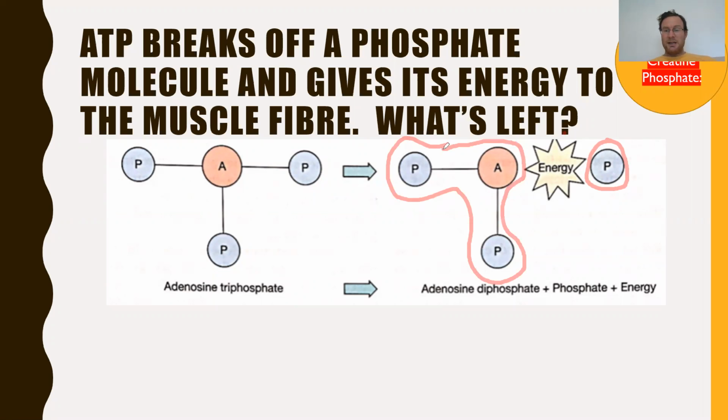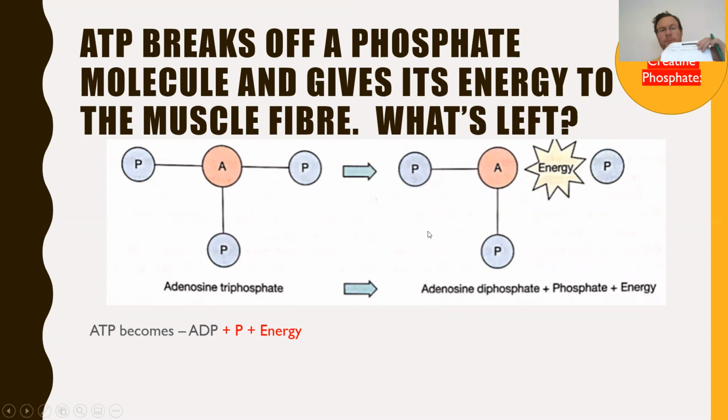If ATP was adenosine triphosphate, this is adenosine diphosphate. It's got 2 phosphates attached, 1 and 2. So have that in mind.